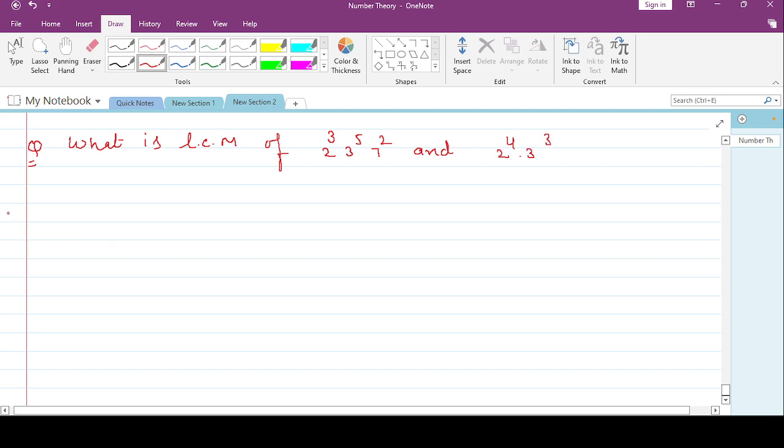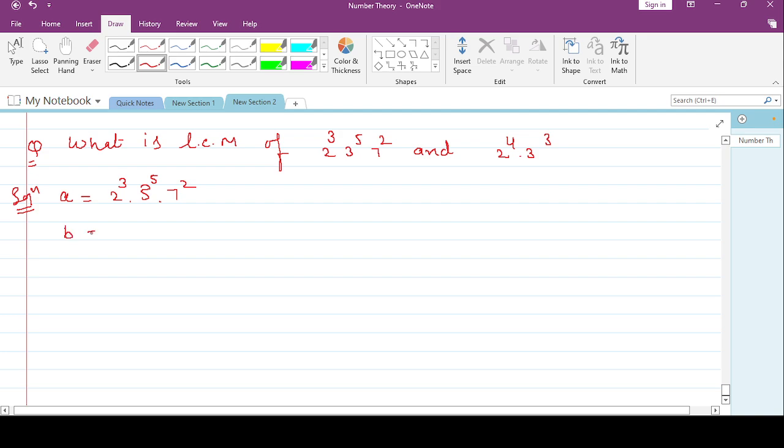Okay, so you see that the first number is, suppose A, 2 raised to the power 3, 3 raised to the power 5, and 7 raised to the power 2.